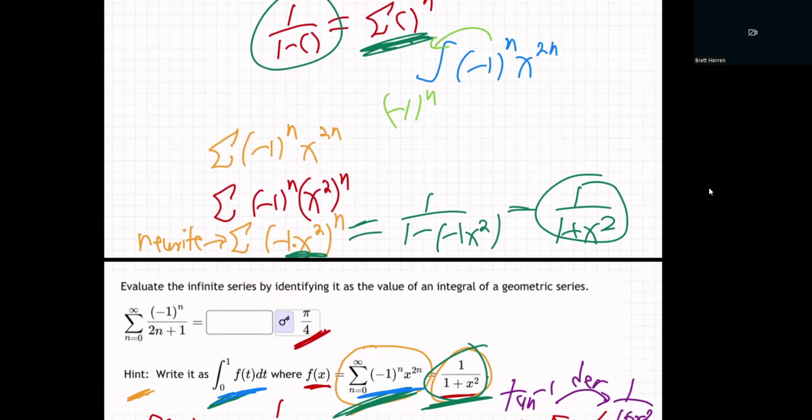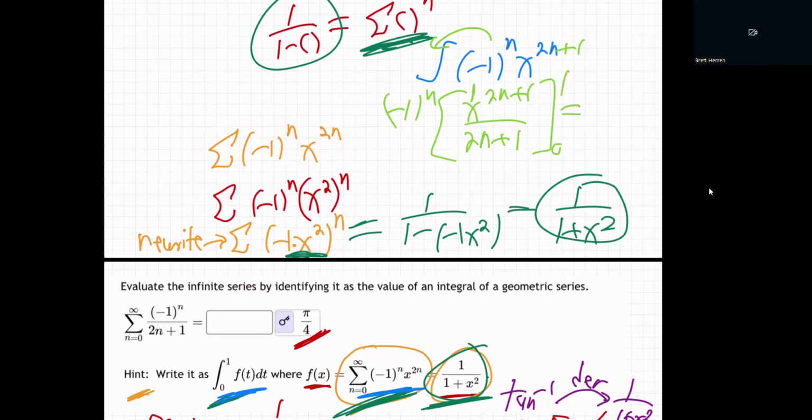And you add 1 to the power, so you get x to the 2n plus 1 over 2n plus 1, if you integrate that. But then you're going between 0 and 1.